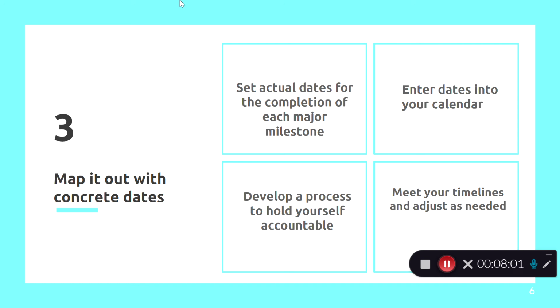And to make it more concrete, you want to develop a process to hold yourself accountable, even with just one partner with whom you share your dates for completion, and have that person ask you, where are you in that process? However, life does intervene, so be flexible about that. Never feel guilt, just adjust as needed.